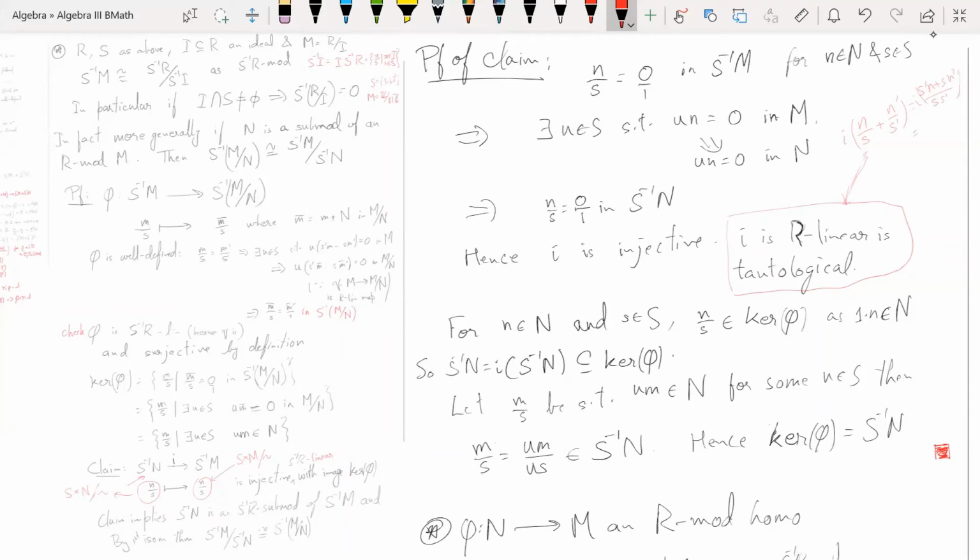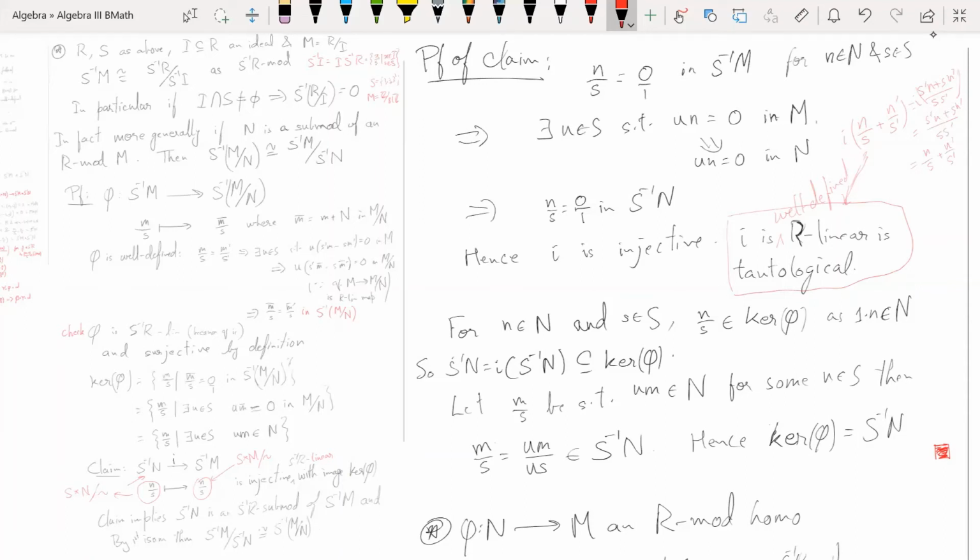So first one has to check these things, and then I of this is the same as S prime n plus S n prime over S S prime, but that is the same as n over S plus n prime over S prime. So it is a tautology, and well defined is also a tautology. And then you check that it is injective.